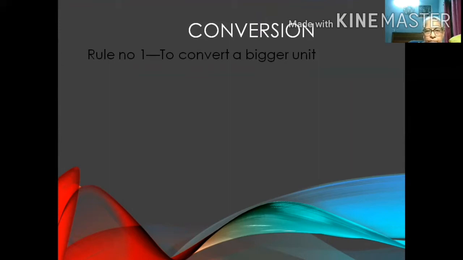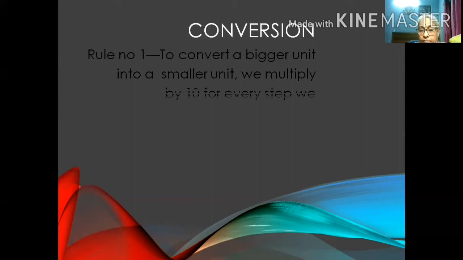Rule number one is to convert a bigger unit into a smaller unit. We multiply by 10 for every step we descend. From the bigger to the smaller, as we go down, we have to multiply.